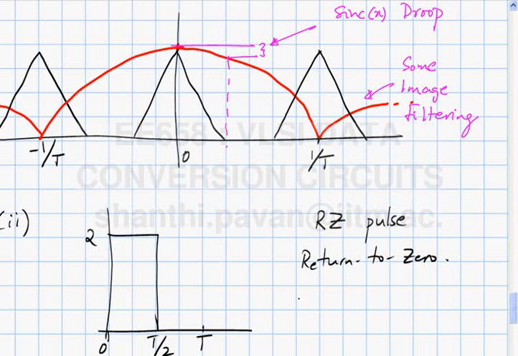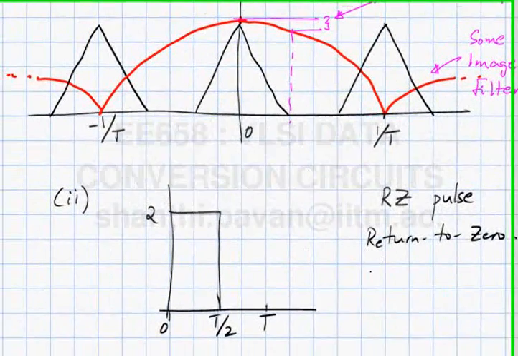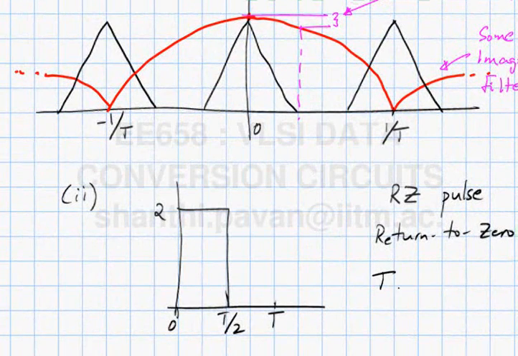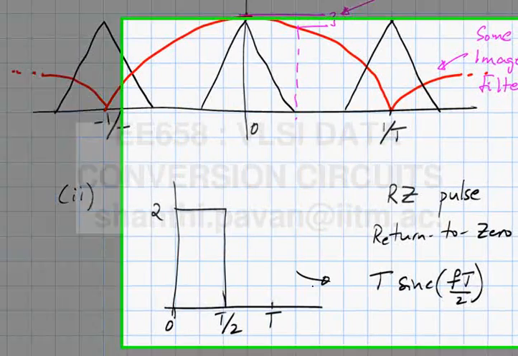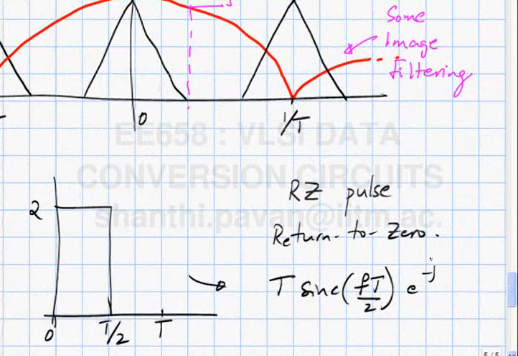This will be A T sinc fT. A is twice, T is half. So it is still T sinc fT by 2, times e to the minus j 2 pi f T by 4. Okay, that's the P of f.